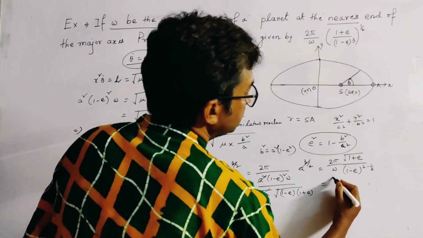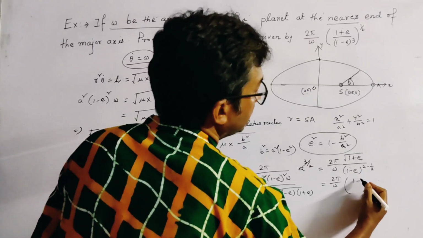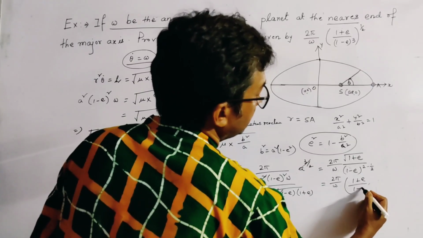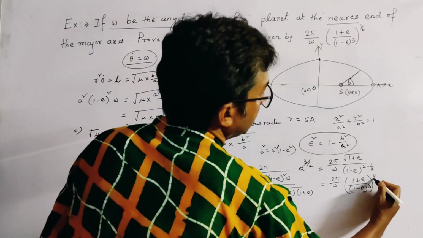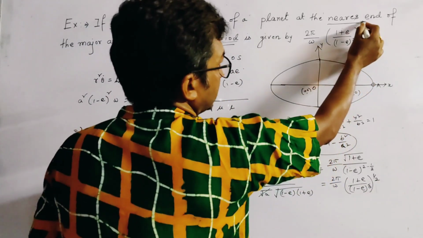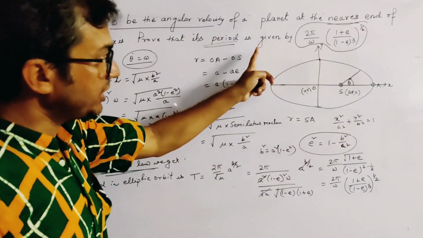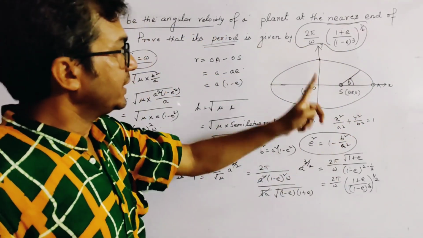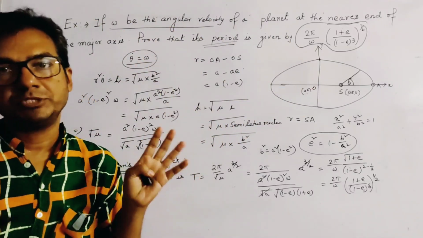So this is given by 2 pi by omega into (1 plus e by 1 minus e) whole cube to the power half, and this is our required result. This is the period we proved here of the elliptic orbit. This is the solution of this problem.